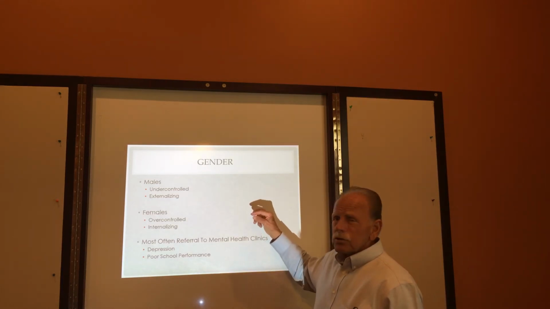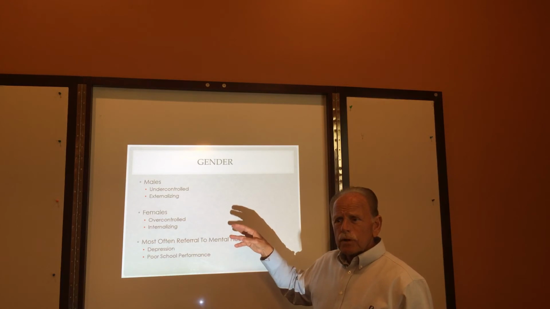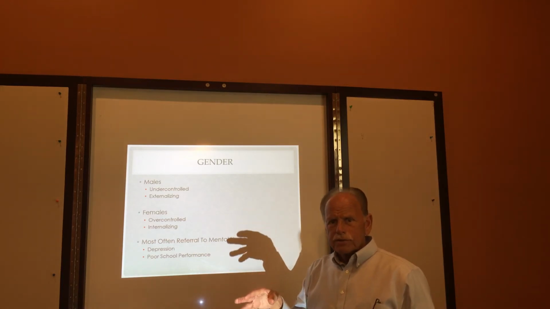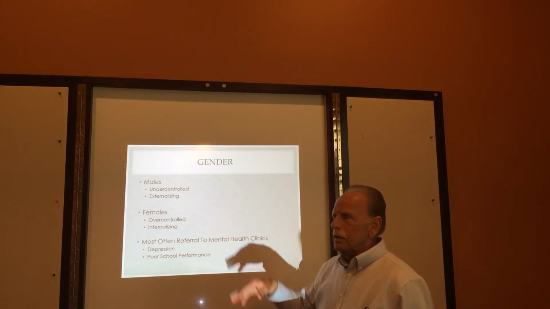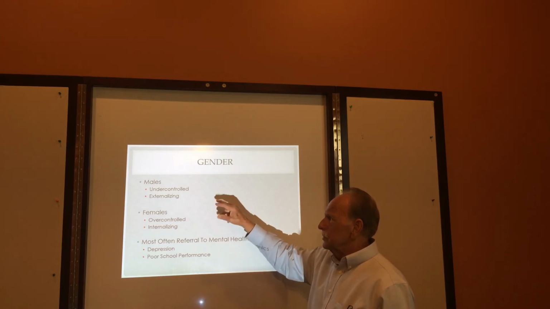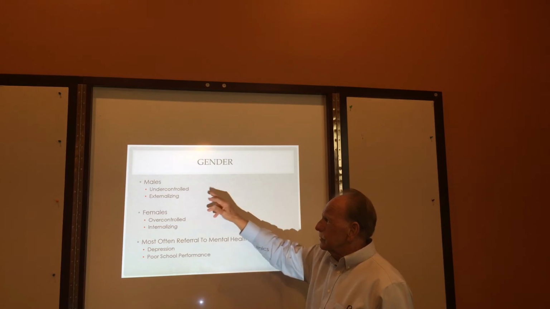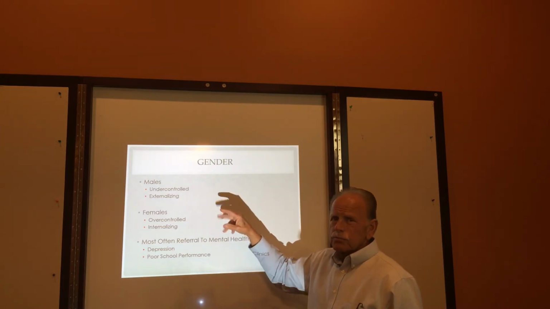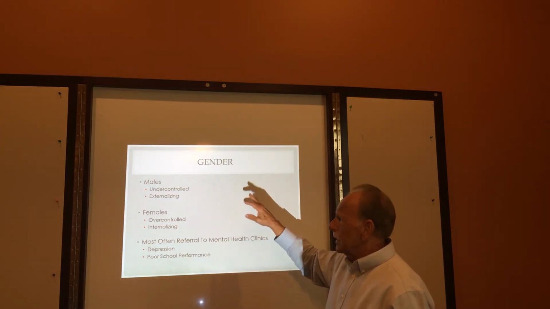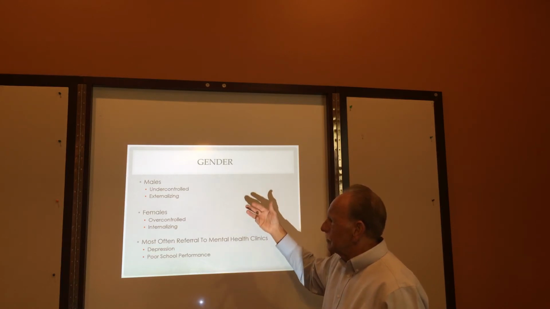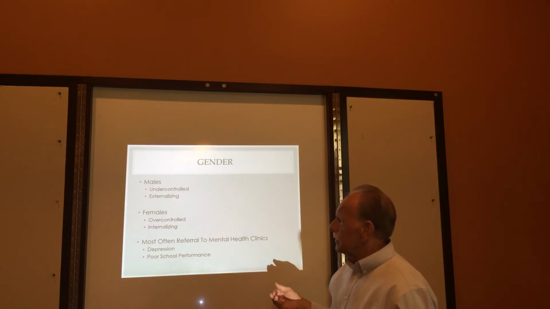If, on the other hand, the question is by gender, always remember test questions, we have kids' names, Tommy, Mary, that'll give you a clue as to the gender. So if the question is saying that Tommy is doing this and this, then you know that the males are more likely to act out, externalizing and vent what they're feeling.